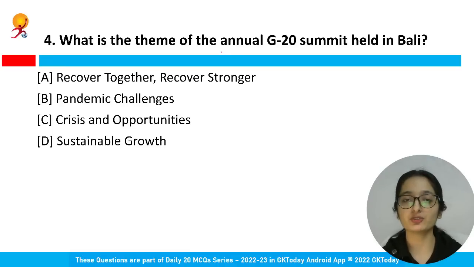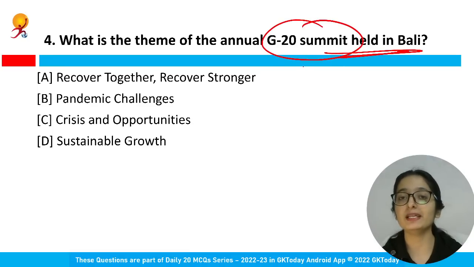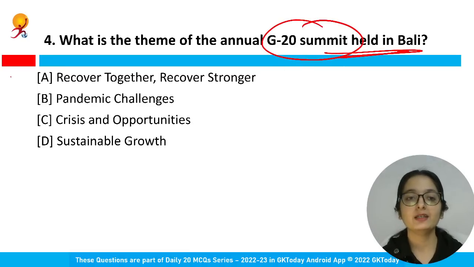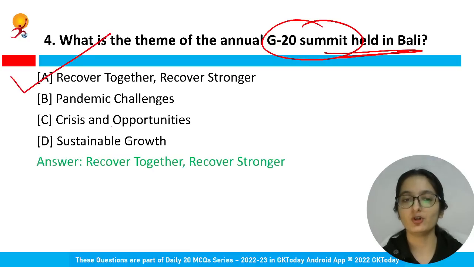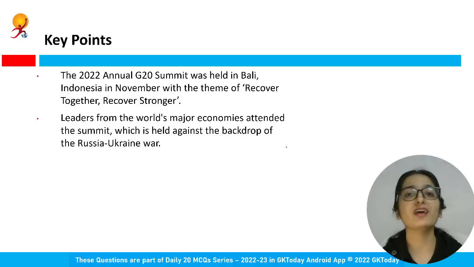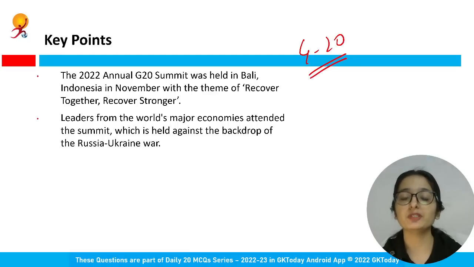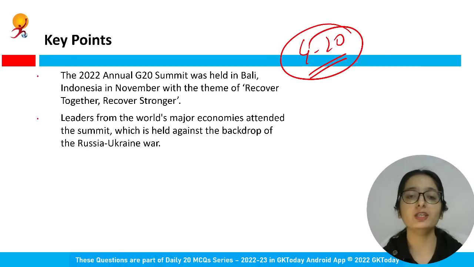Then coming to the next question: what is the theme of the annual G20 summit held in Bali? The theme of the annual G20 summit held in Bali is: recover together, recover stronger. Option A is the correct answer. I hope you all know we have covered the G20 meeting that was happening in Bali a number of times, and also India will be assuming the presidency of G20 for a year from 1st of December.